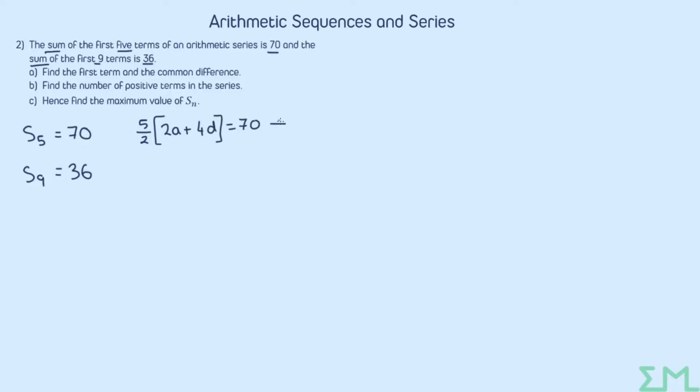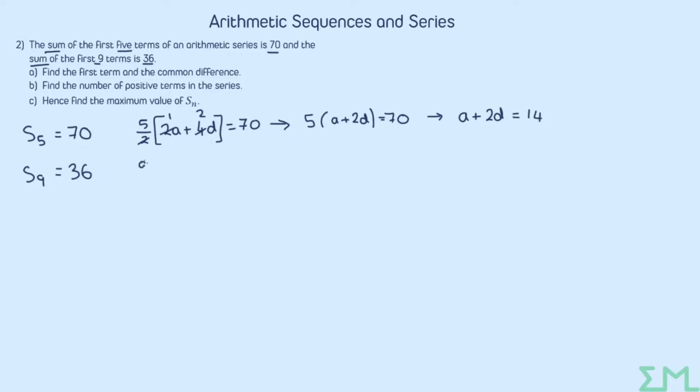Let's tidy this equation up before we move on to the next one. So the 2 cancels with the 2 and the 4 here. So we get 5 lots of a plus 2d equals 70. And then if we divide both sides by 5, we get a plus 2d equals 14.